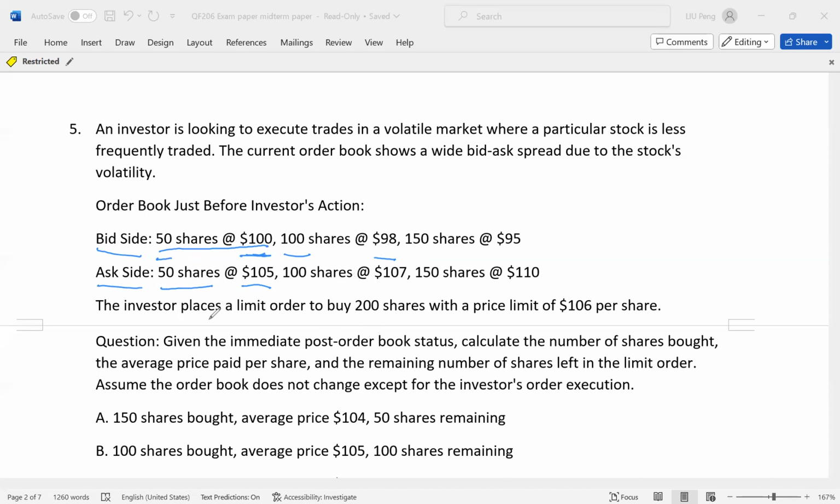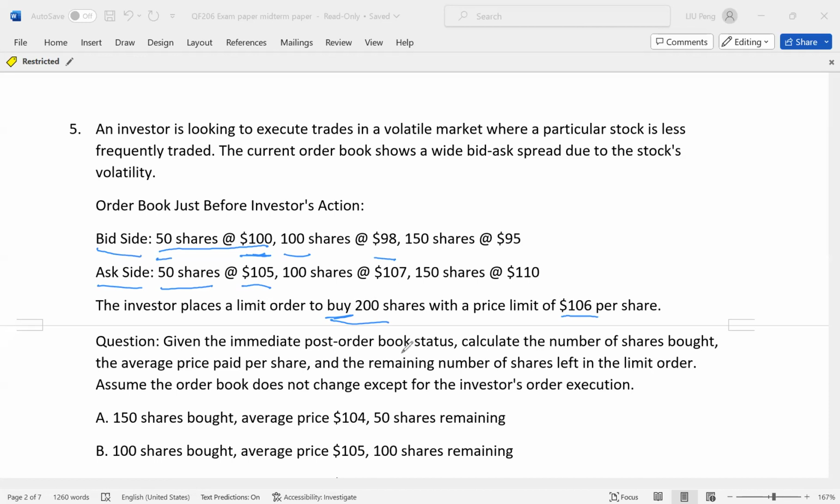The question says the investor places a limit order to buy 200 shares with a price limit of 106 per share. If the investor wants to buy, he looks at the ask side, the offer side, to buy from those who are offering to sell.